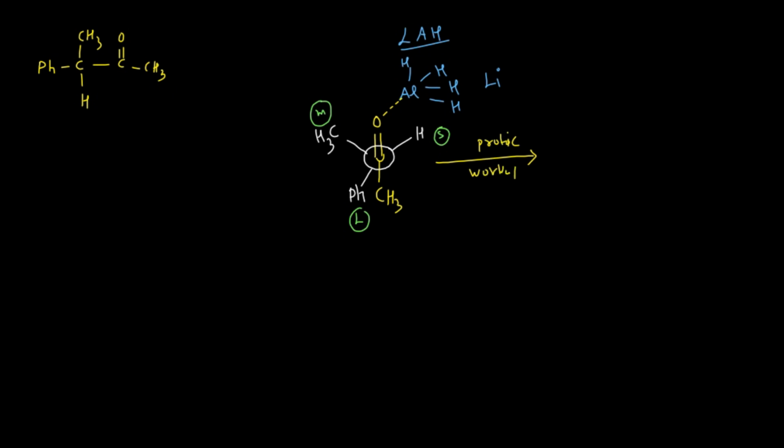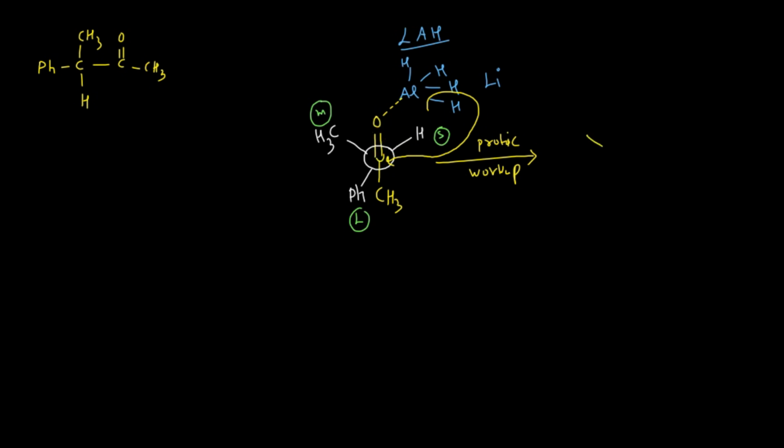So after protic workup this will become alcohol, right? So what product actually will I have in that case? So here my hydrogen is coming to this particular direction. So this part is having the hydrogen, okay, and this O will become the alcohol.